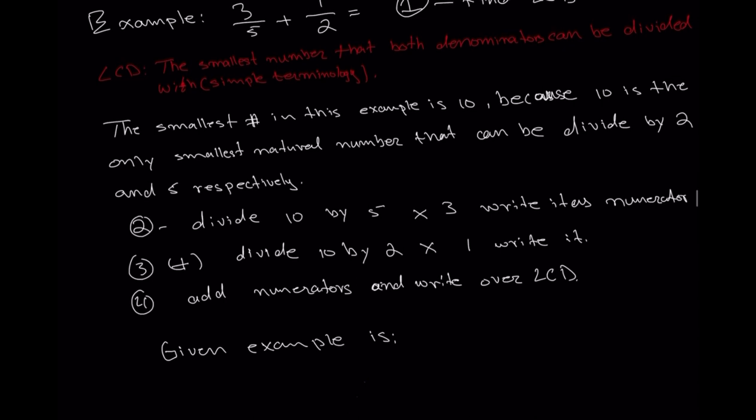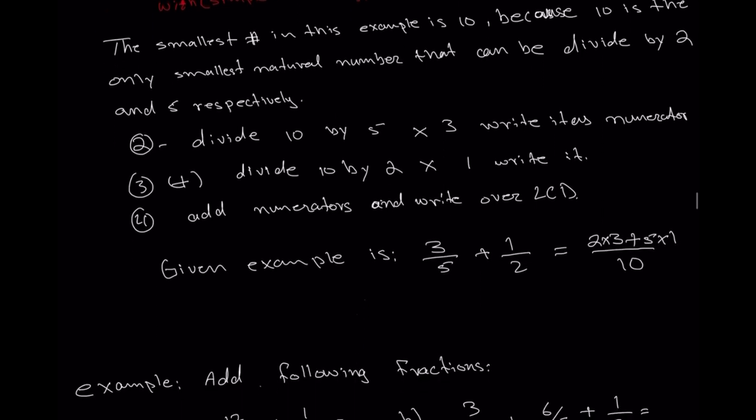The example that we have here is 3 over 5 plus 1 over 2. We already said that the common denominator was 10. So we do 10 divided by 5, which is 2, times 3 is, okay, we will multiply later. 10 divided by 2 is, we gotta add this sign, 10 divided by 2 is 5, times 1.